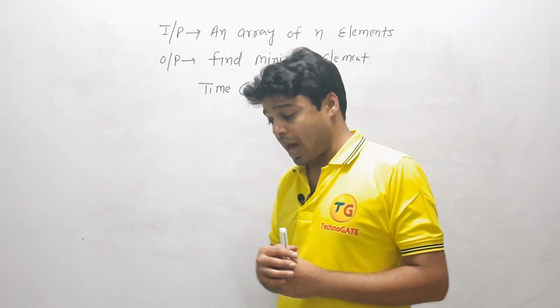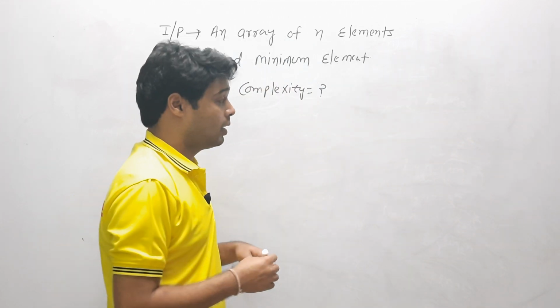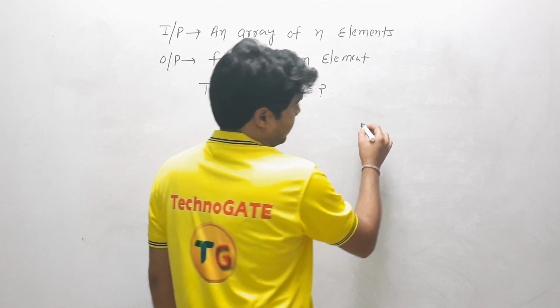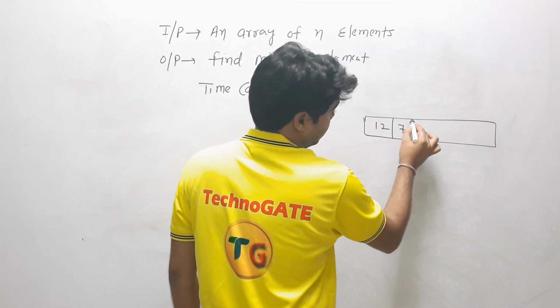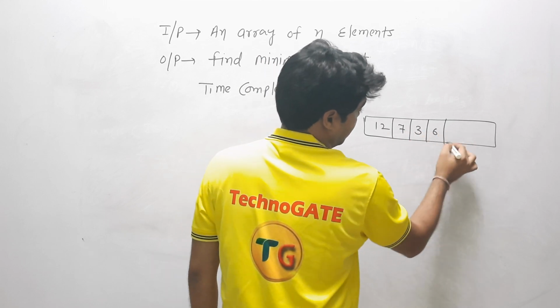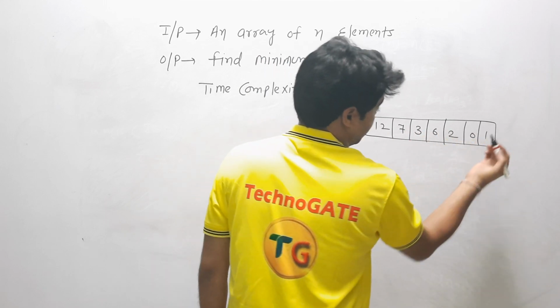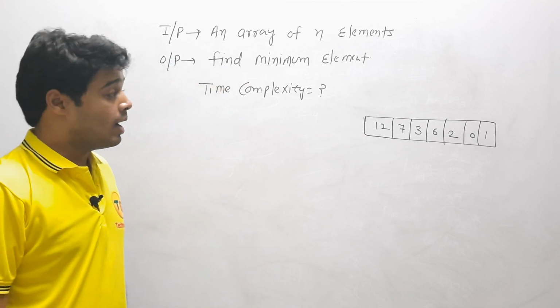First of all, let's see how to approach the problem. Suppose that we take an array like 12, 7, 3, 6, 2, 0. What is the approach here?